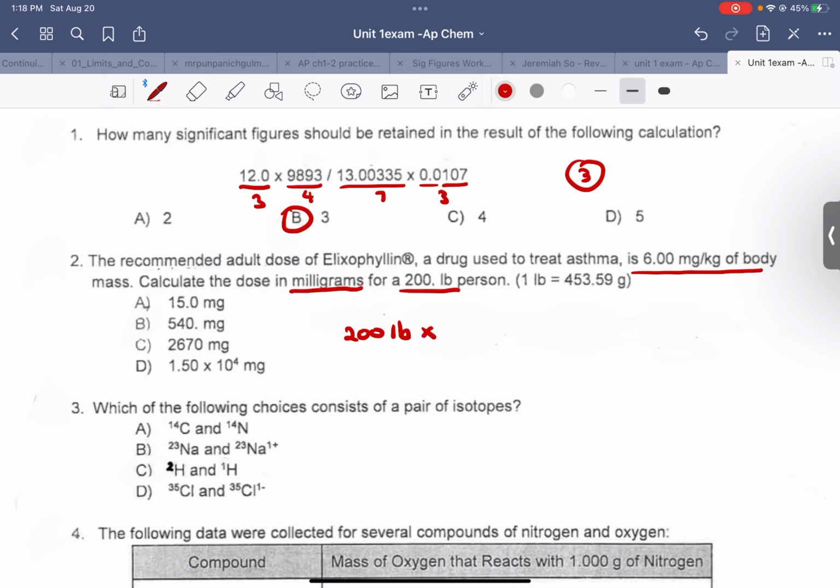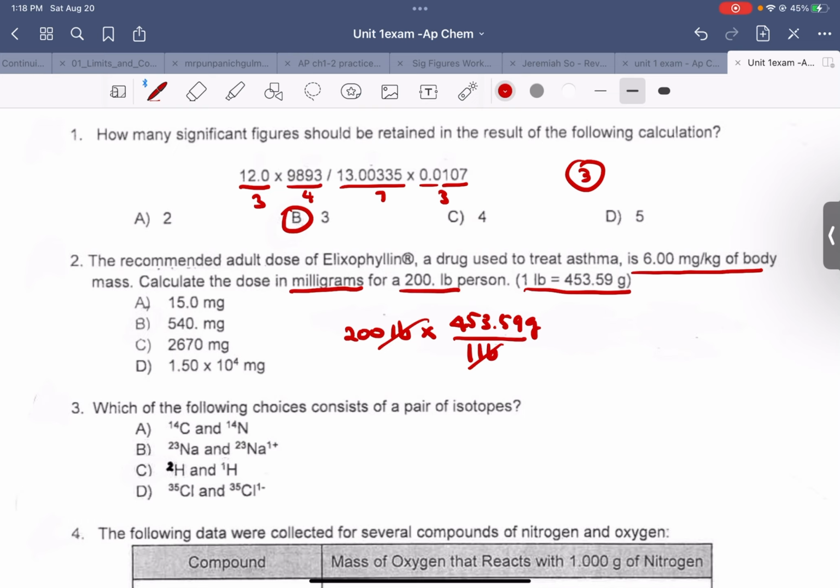So what they're saying is, for 1 pound, they give you this unit conversion: 1 pound is 453.59 grams. So pounds cancel, and you end up with grams so far.